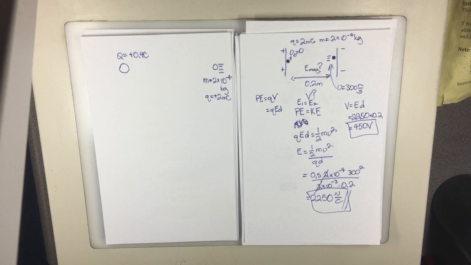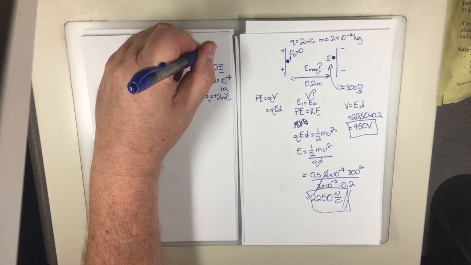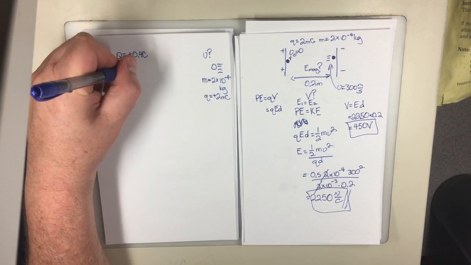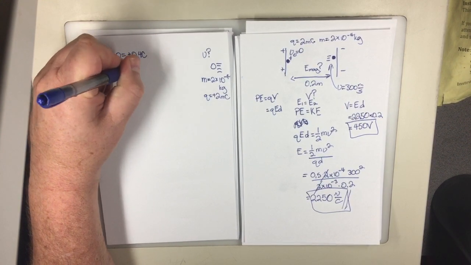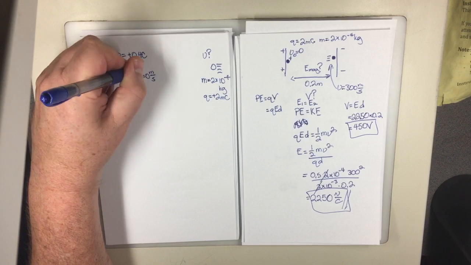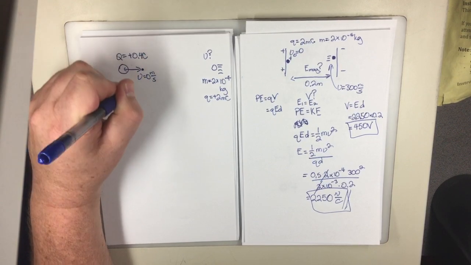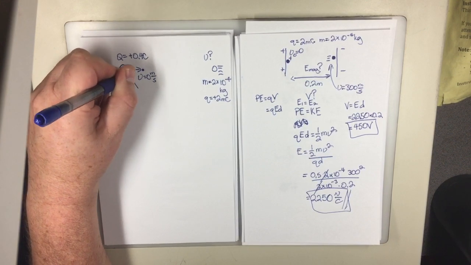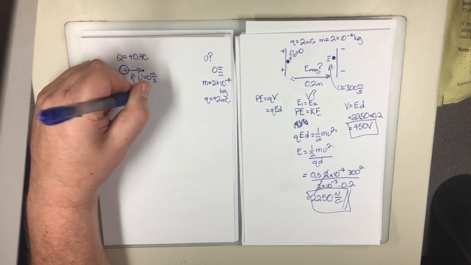That thing was flung at a particular velocity v, and I'm looking for that velocity v. The only thing that I have to give you, in addition to everything that I've done before, is that it stops. The velocity at this point is 0 meters per second, and that distance right there is 0.1 meters.